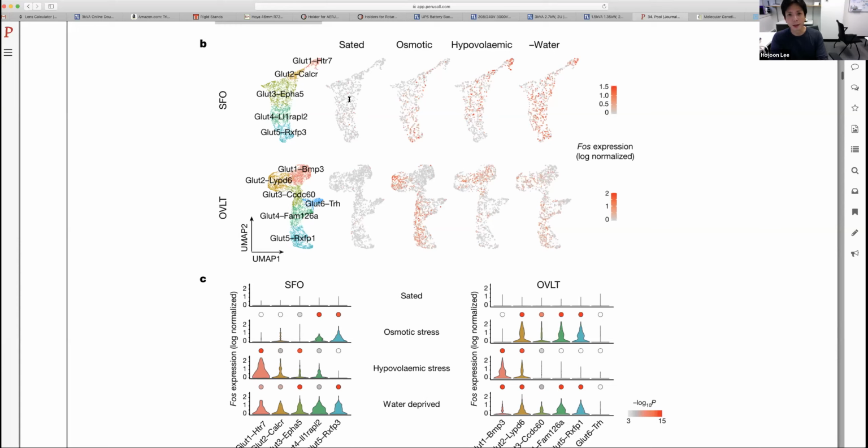And then they look for CFOS expression in each cell type, right? And they want to see if a certain cluster lights up more in a certain condition versus another condition.